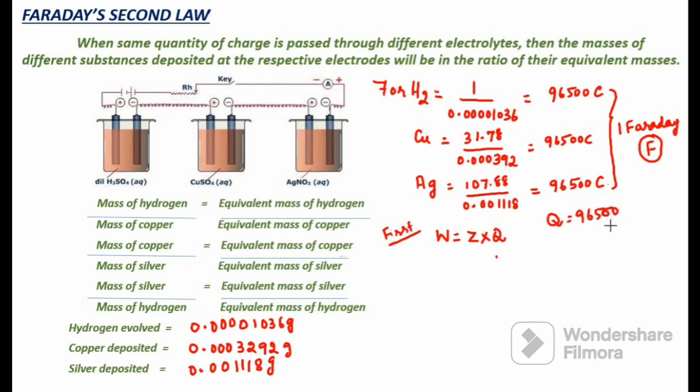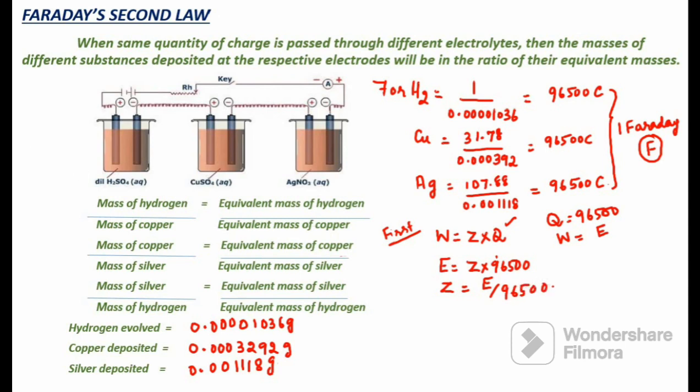Okay, Q is equal to 96,500 and W, that is the mass of the substance, is equal to the gram equivalent mass. If it is gram equivalent mass, that is E, then this equation becomes E is equal to Z into 96,500, or Z, that is the electrochemical equivalent, will be equal to E divided by 96,500.